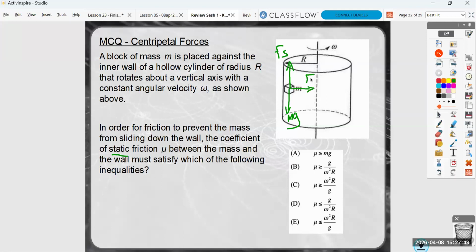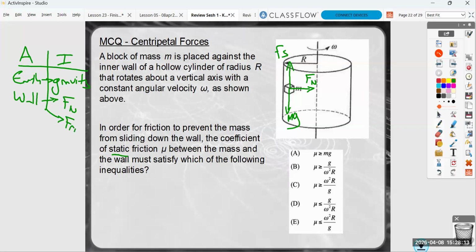What else do I have? Trick question. There's nothing else. How do I know? Well, there's the Earth providing gravity. What else is touching the block? The wall. Surfaces can only provide two forces: a normal force and friction. It's not touching anything else. There are no other agents, so it can only have three vectors.